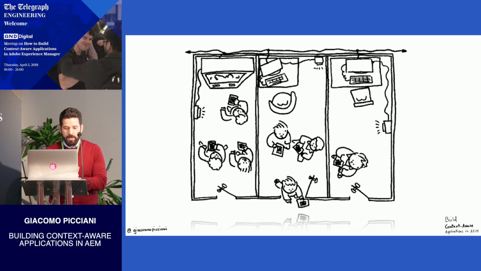And the third one is what the resources are around you or nearby. All these things all together are defined in a context that can be used to customize your application.